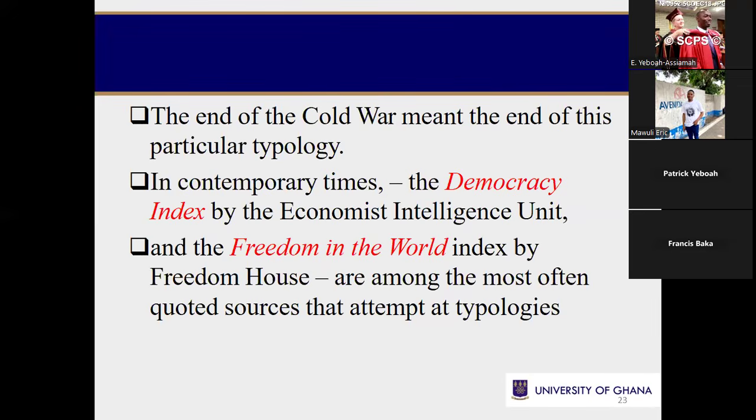Even if they are democracies, what is the nature of their democracies? Okay, we also use data sets like Freedom in the World. This is collected and churned out by Freedom House, which is in the US. We use these data sets as comparativists to compare different states.